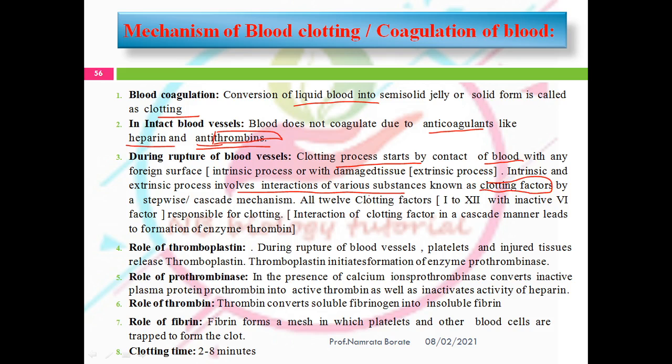These clotting factors are activated in a stepwise manner, that is a cascade mechanism. All 12 clotting factors, clotting factor 1 to 12, are responsible for clotting. Interaction of the clotting factors in a cascade, meaning a stepwise manner, leads to the formation of the enzyme thrombin.